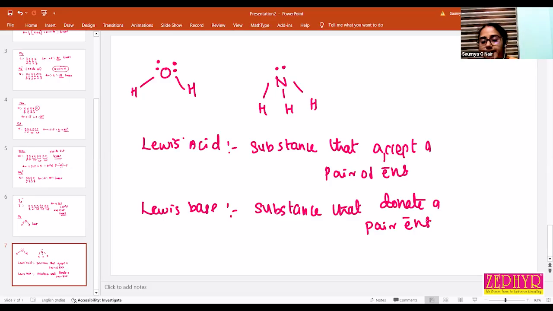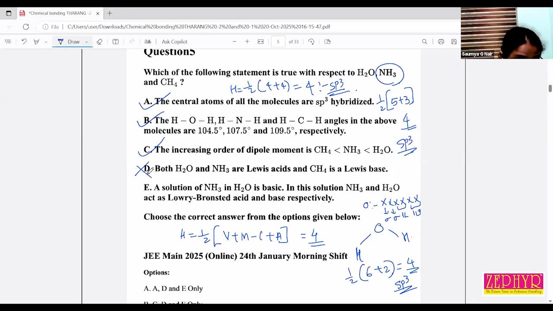Ammonia contains one lone pair, so it will donate the pair of electrons. Water contains two lone pairs, so it also donates electrons. So water and ammonia are Lewis bases, not Lewis acids. That statement is wrong.